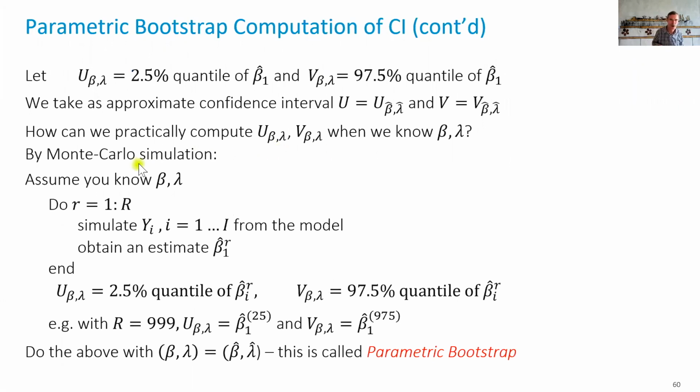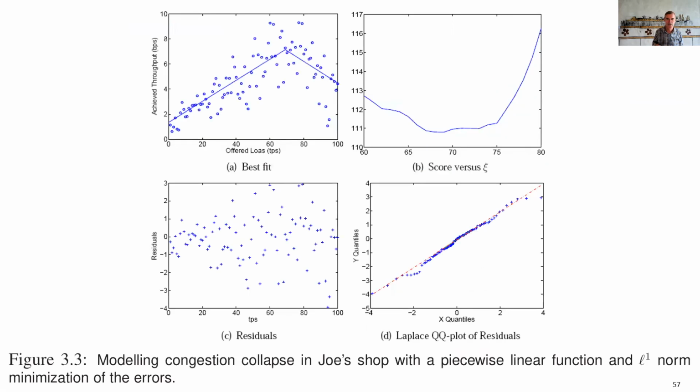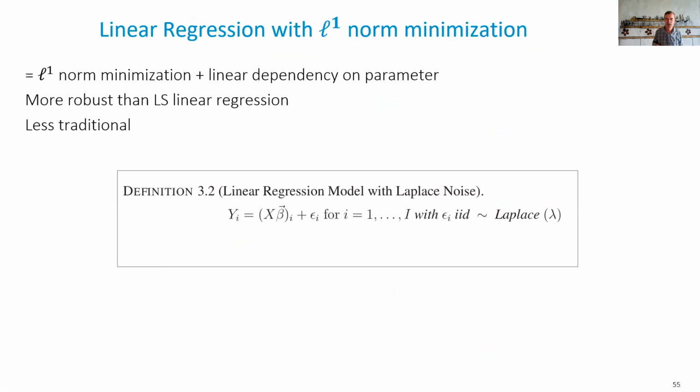So that gives the following algorithm, right? If I know beta and lambda, I do capital R times: simulate points from the model, and the model is that is here, right? This is the model. Beta is known in this hypothetical exercise.